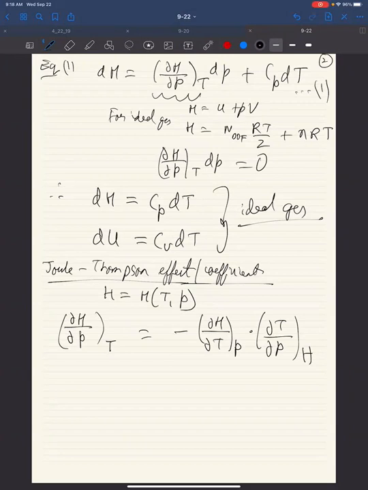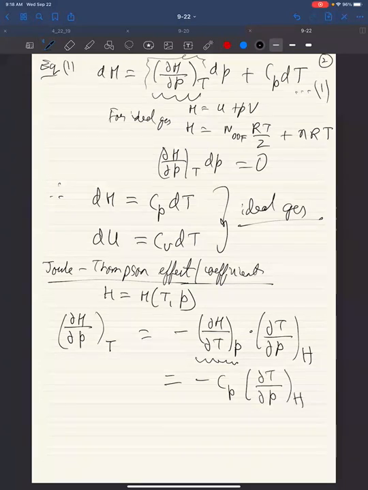That's the triple product rule for multivariable calculus. So this thing over here is the product of these two things. Once again, have we seen this one? We just saw it. It is Cp, once again Cp shows up, great. Minus Cp multiplied by partial T by partial P at constant enthalpy.